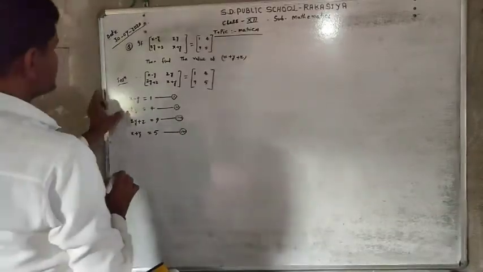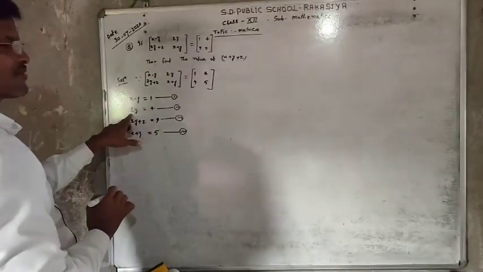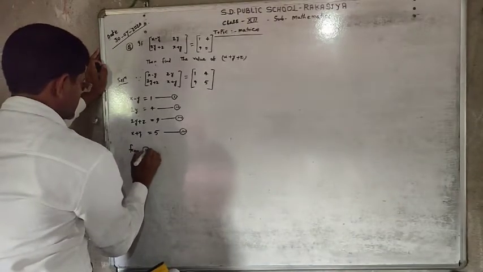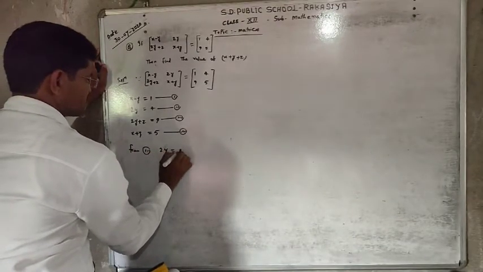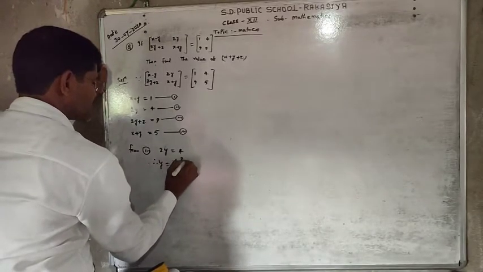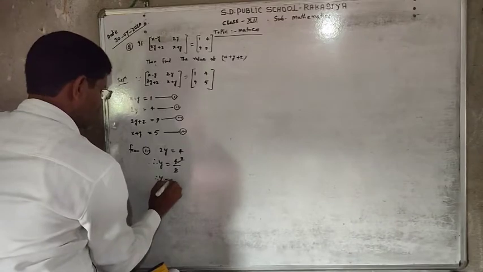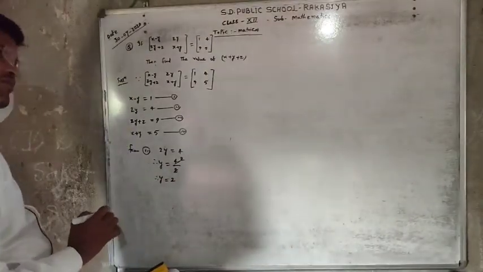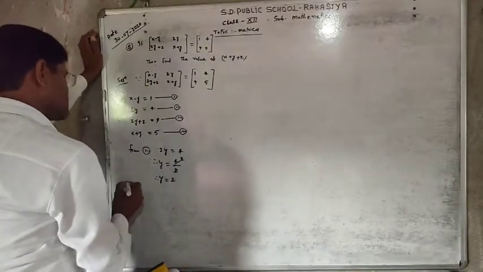From the second equation, we can find the value of y easily. 2y is equal to 4, therefore y is equal to 4 by 2, which is 2. So the value of y is equal to 2.